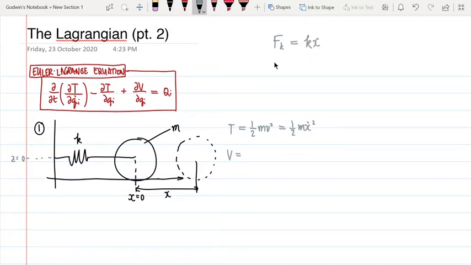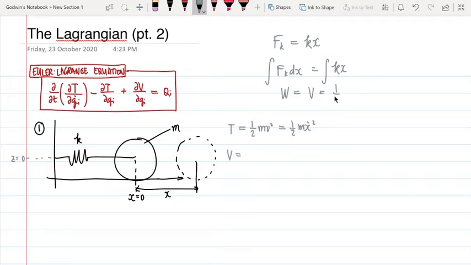If we integrate this equation on both sides with respect to position, we're going to have the work, which is just the same as energy, which is just the same as potential energy.